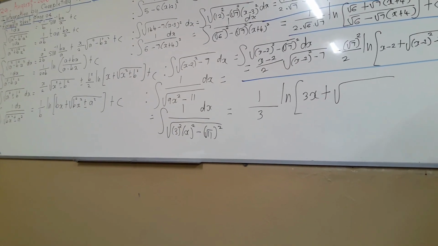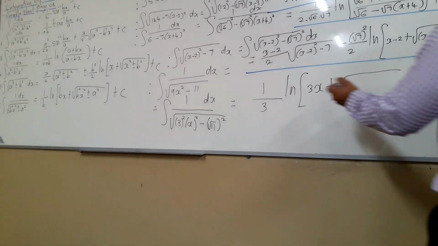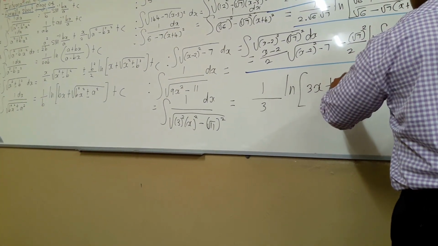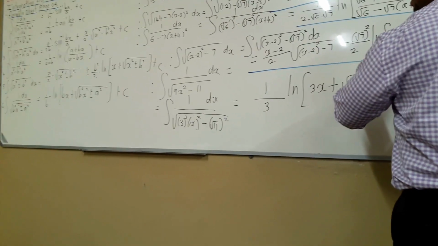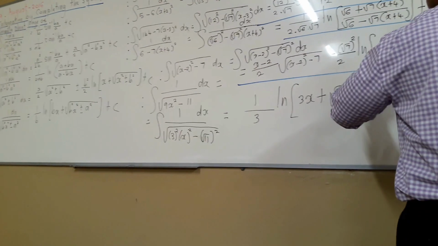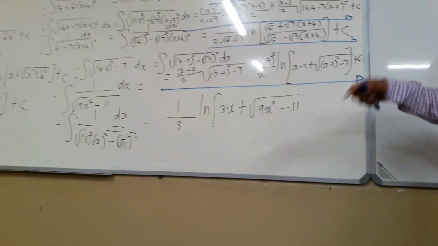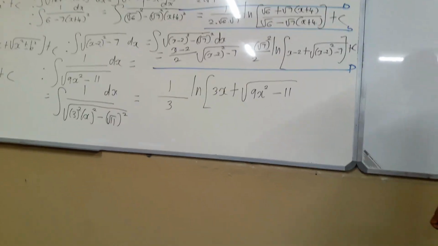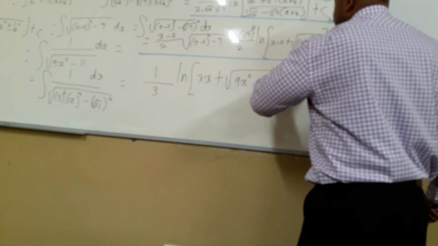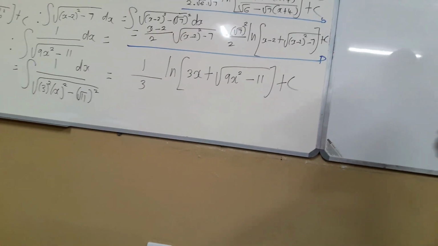We are dealing with the minus here, the sign in the bottom, so it's going to be b squared, which is 9x squared minus 11. Okay. a squared, square root of 11 squared, you don't have to write it down here, it's just 11 plus c. So this is just applying the relevant formula.